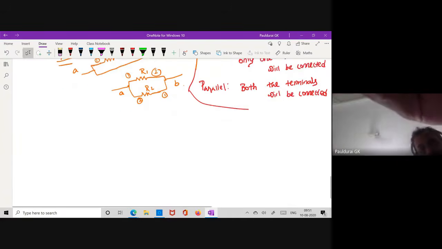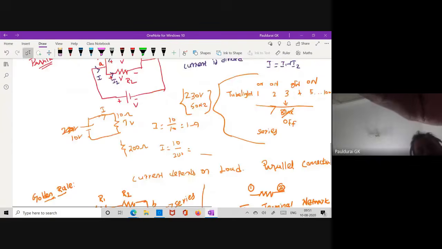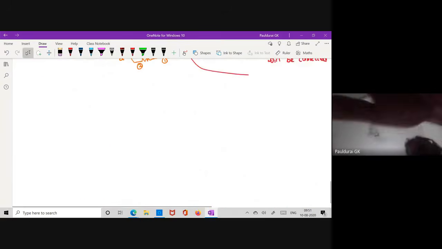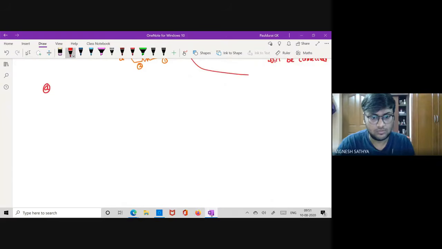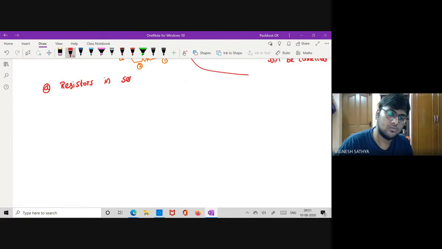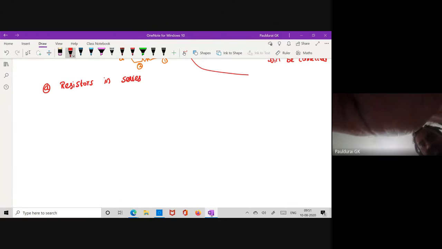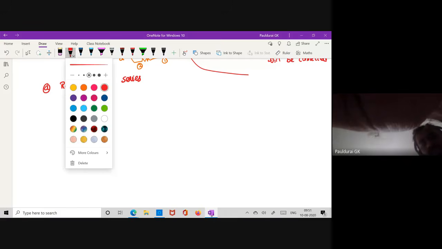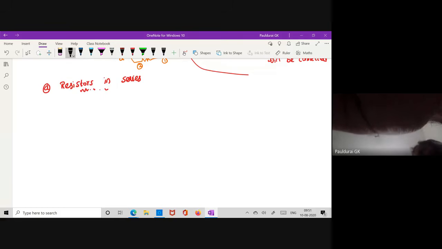So now the heading: resistors in series and parallel. Suppose you connect 2 resistors in series. Put the subject as resistors in series. So you know what a series connection is now, right? Now the question: if you connect 2 resistors in series, what is the equivalent resistance?